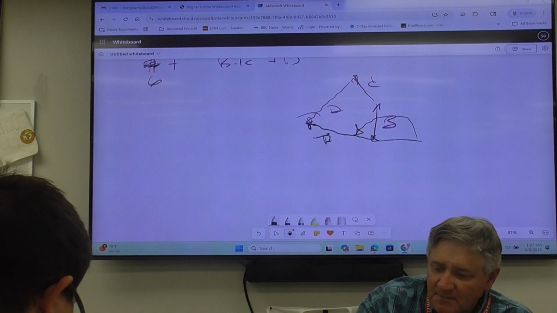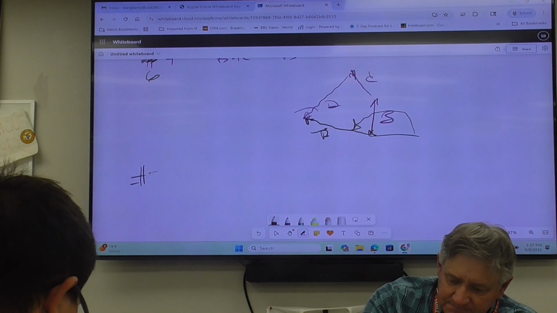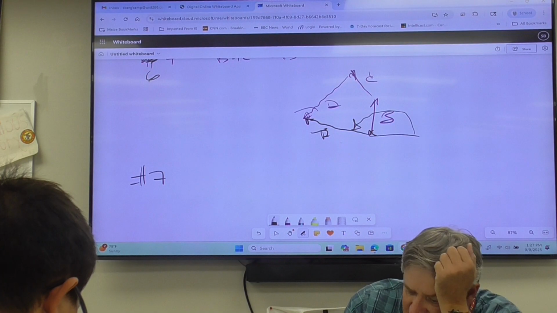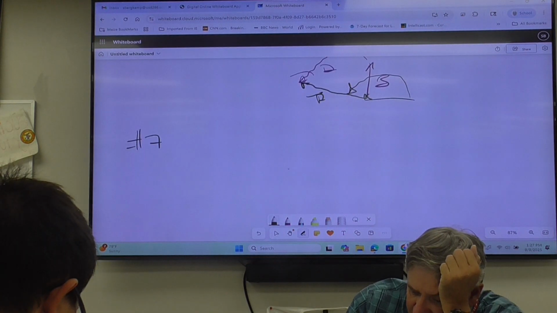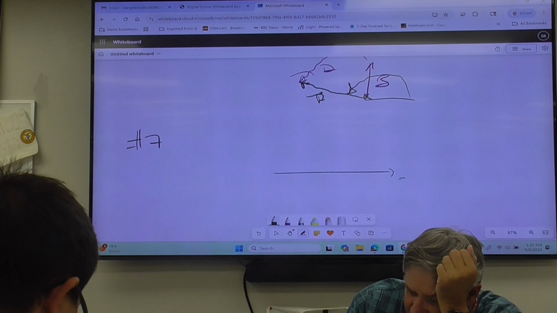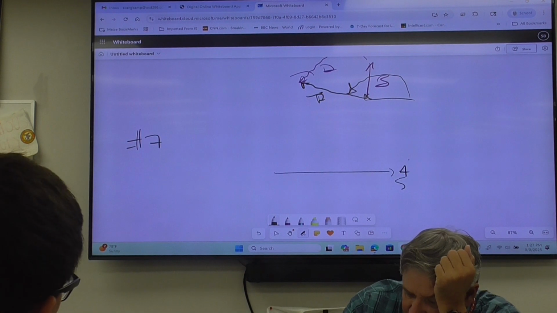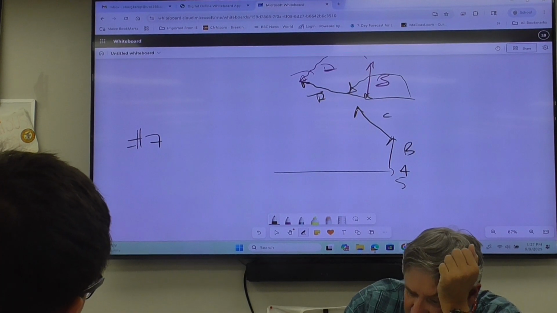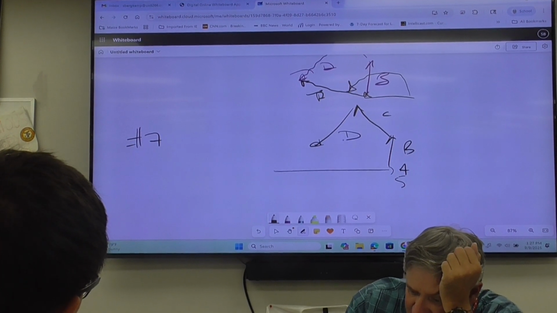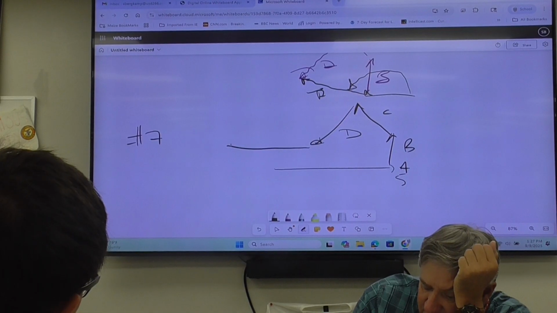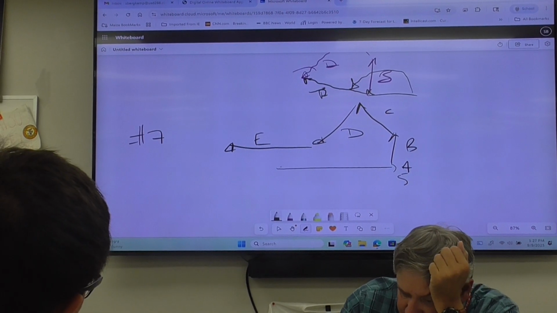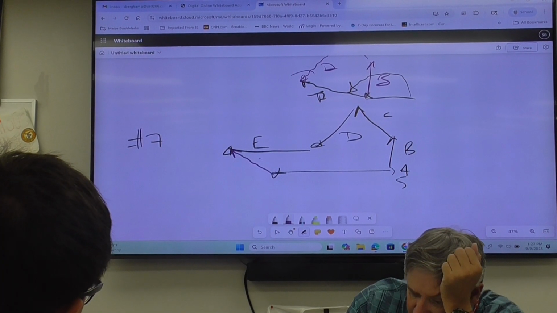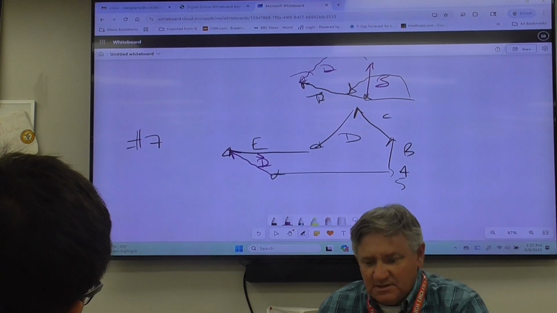So number 7, and again, all I'm going to do is a sketch. On number 7, you're going to go out 5, so there's A, and then you've got B, then C, then D, and then E. And there's going to be that resultant.